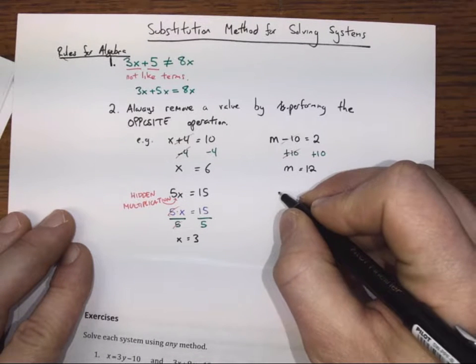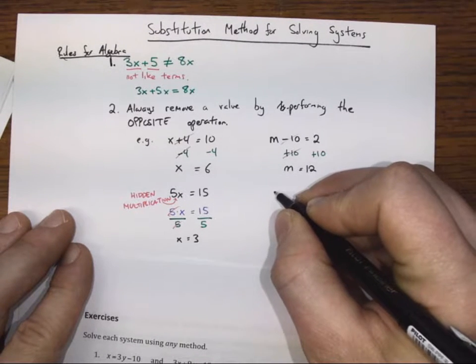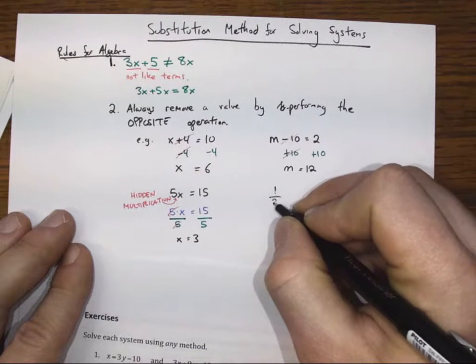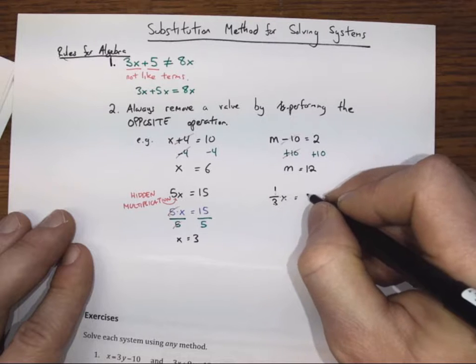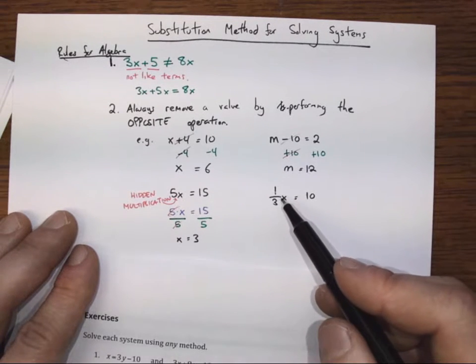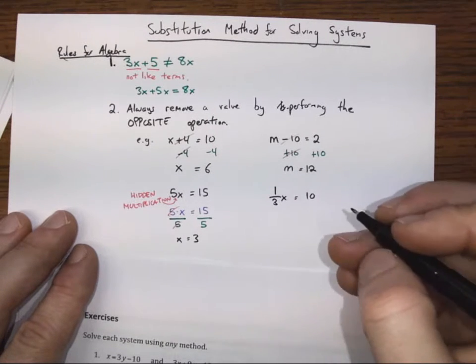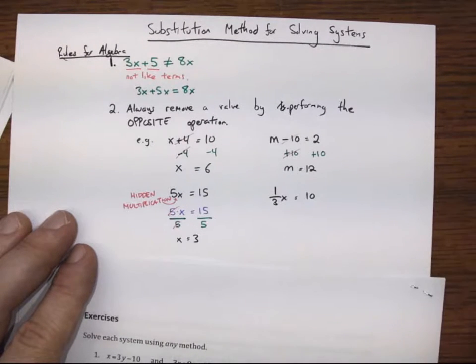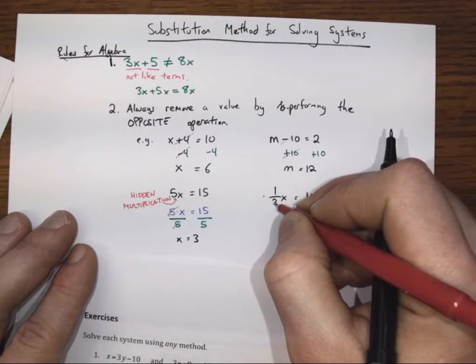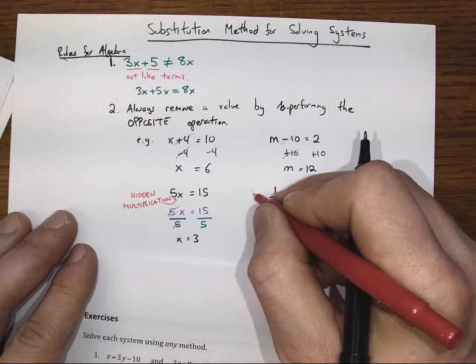And lastly, if I have a situation with a fraction, like a third of x is 10, I want to do the opposite of multiplying by a third. I could divide by a third, or I could multiply by the denominator, because this 1 is being divided by 3, so I'm going to multiply by 3.